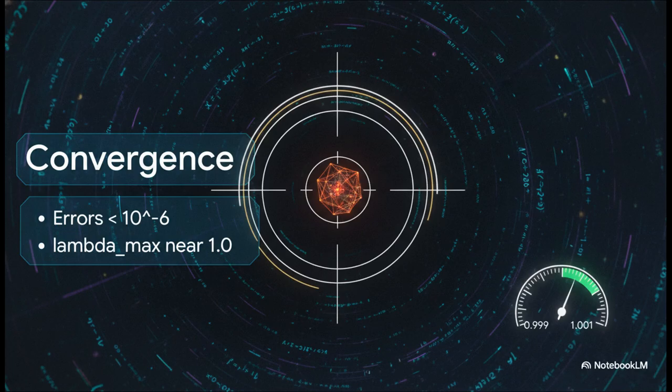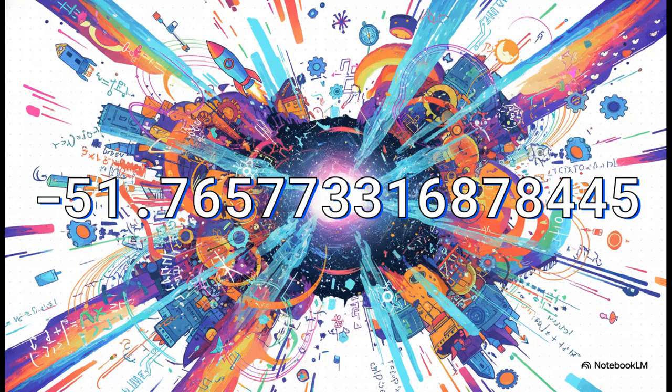And, at the exact same time, our spectral radius has to hold its breath perfectly between 0.999 and 1.001. And when we hit that perfect alignment, bam, the system locks in at this absurdly precise final coordinate for our Rivers metric, z, negative 51.76577331687445.